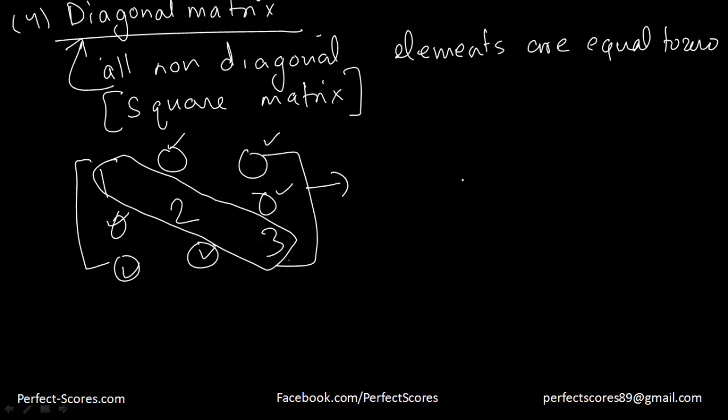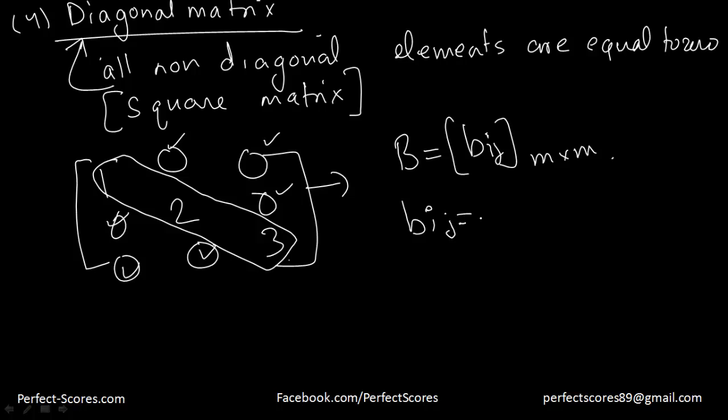So to generalize, if there is a matrix of order m into m, then all the elements are equal to 0 provided i is not equal to j, because only the diagonal elements may be non-zero; all the other elements should be equal to 0. Now let's talk about another type of matrix, which is known as the scalar matrix.